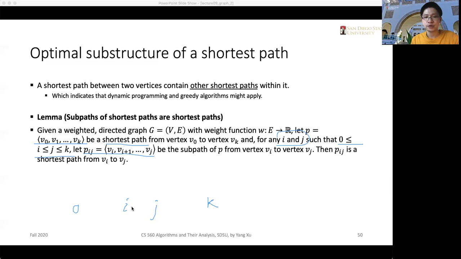Then we are sure that this subpath is also a shortest path from i to j.